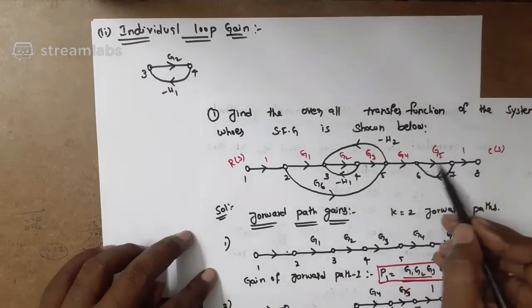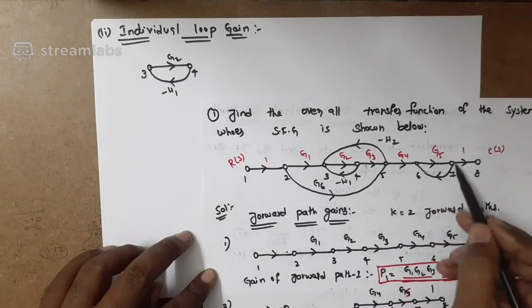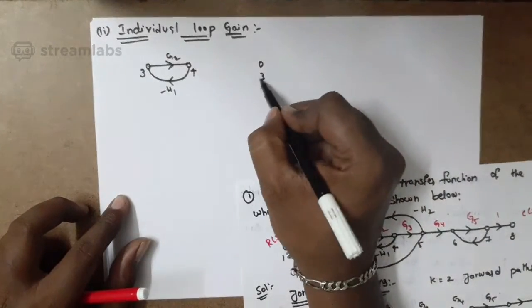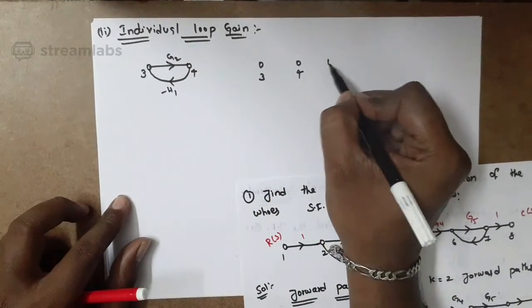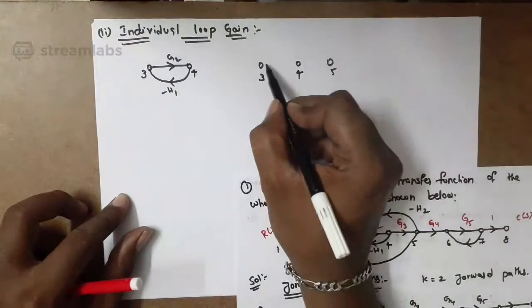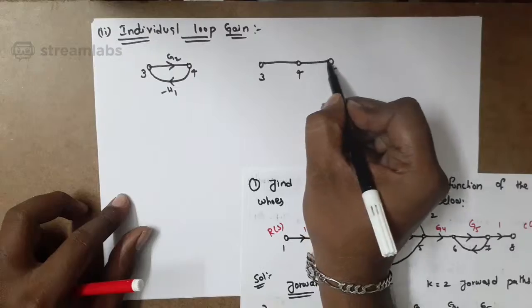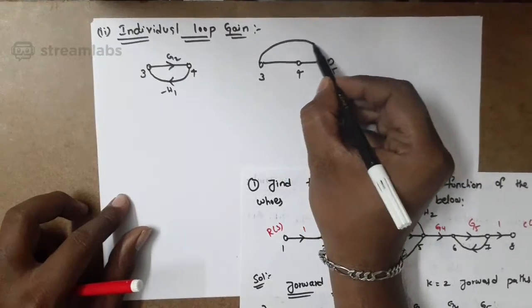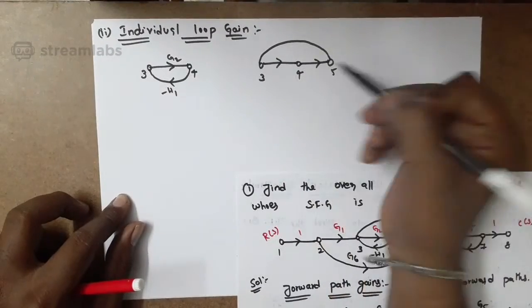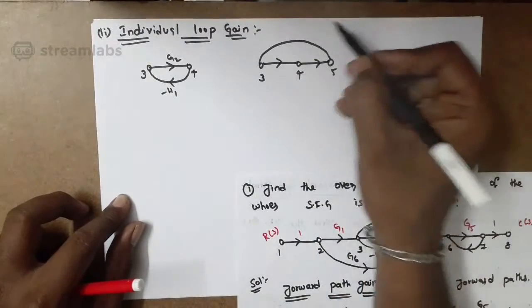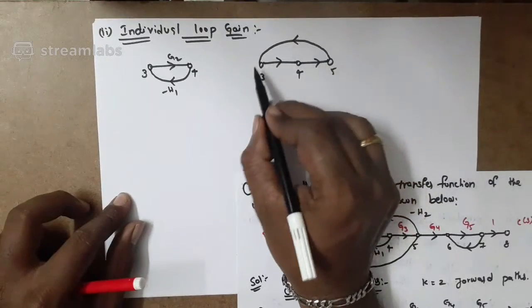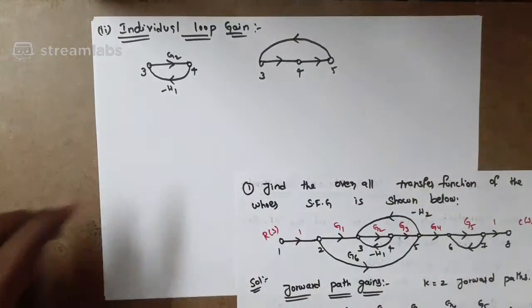The arrow shows 3 to 4, 4 to 5 and 5 to 3. The signal starts from 3 and ends at 3, so it becomes an individual loop.